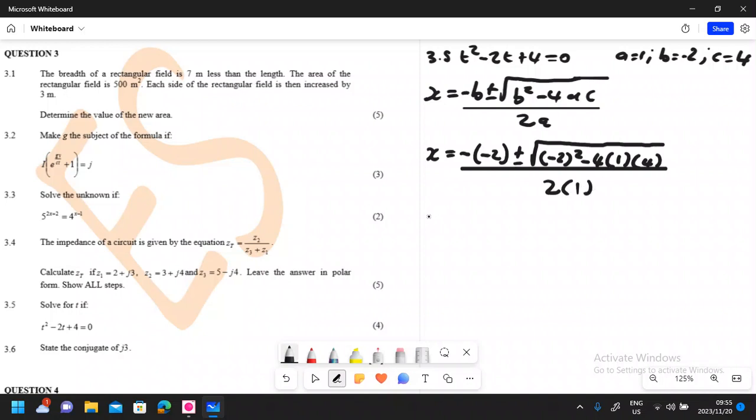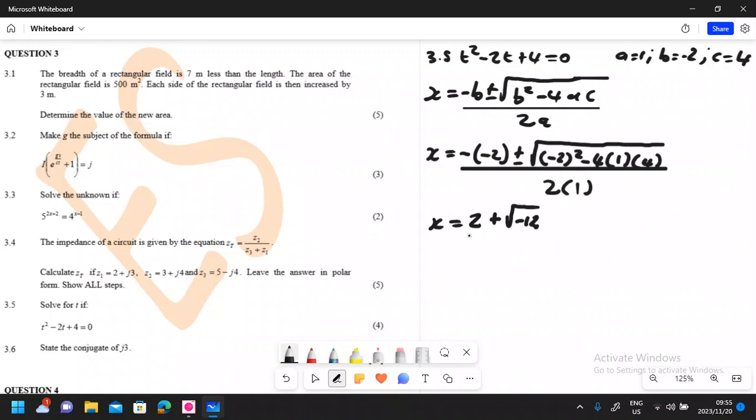Right, so when we continue and do this one here, we're going to have positive 2, and negative times negative gives positive. Then let's say plus. Remember, we have plus or minus. Let's start with plus. If we put this inside the root, your answer is going to be negative 12, right? Don't try to put the whole of this on your calculator. You're going to get an error, because remember, we have a negative under the square root.